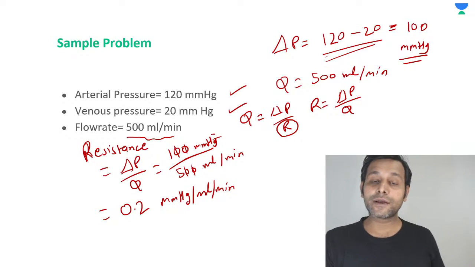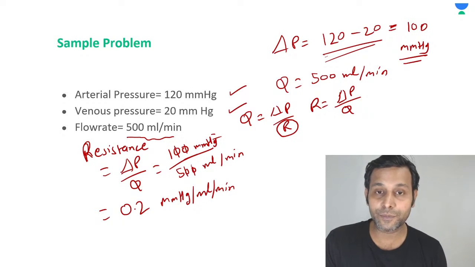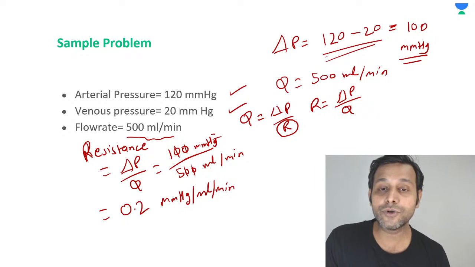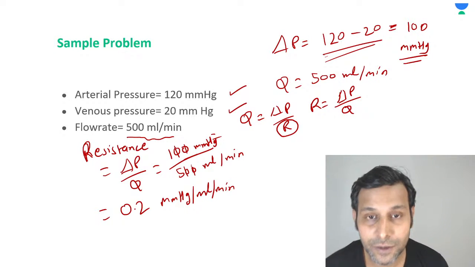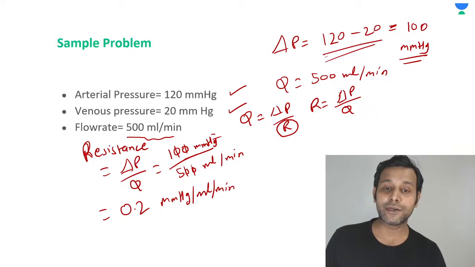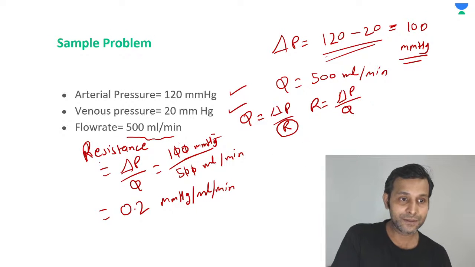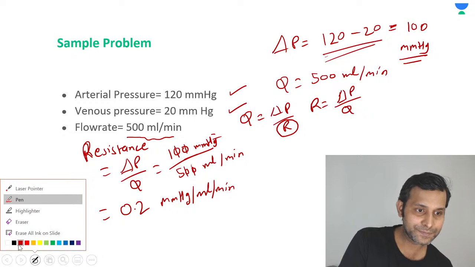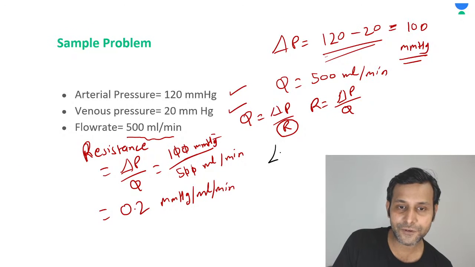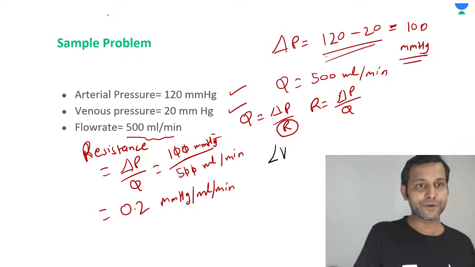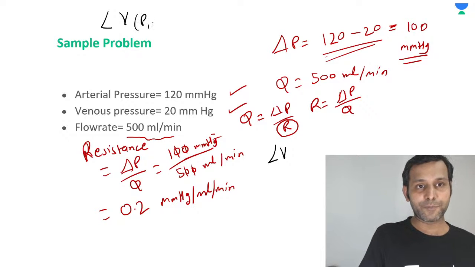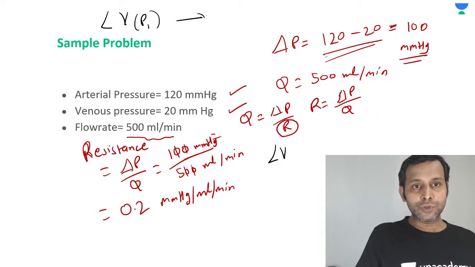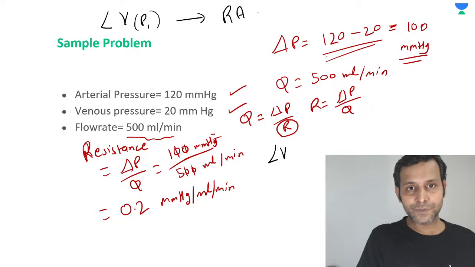And across your vascular tree, starting from the left ventricle to the right atrium, I repeat, the pressure difference from left ventricle to the right atrium, I will just write it down for you all. The pressure difference from the left ventricle, which we can take as P1, to the right atrium, which you can take as P2.